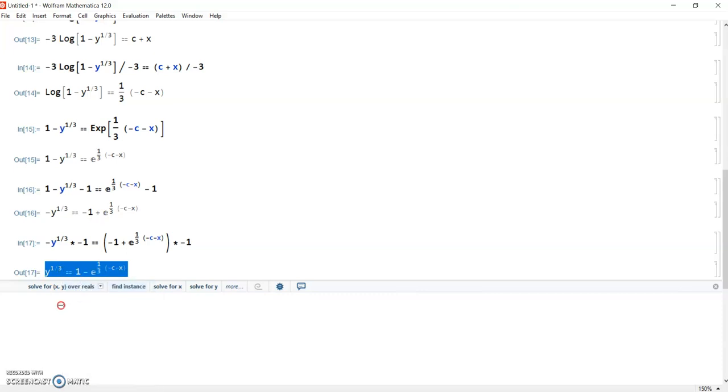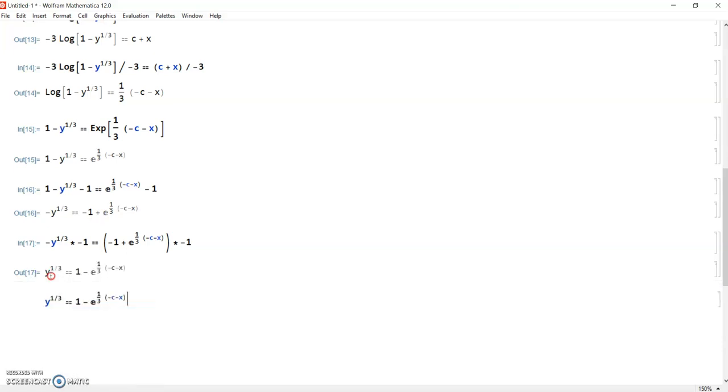Let me see, if I take the cube of both sides, whether this y power 1 by 3 is simplified or not, because sometimes Mathematica gives some trouble in these kinds of calculations. For y power 1 by 3, I will use control and then the 6 key, and then I will take power 3.